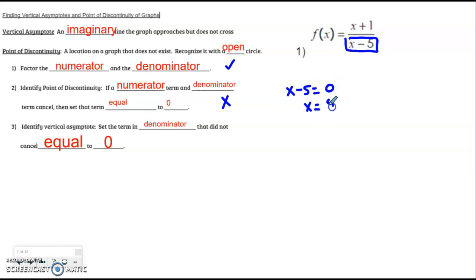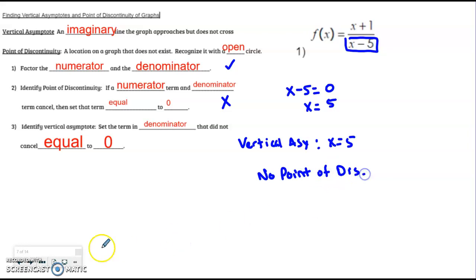So I would get x equals 5 to be my vertical asymptote. So in this case, I have a vertical asymptote at x equals 5, but I have no point of discontinuity.